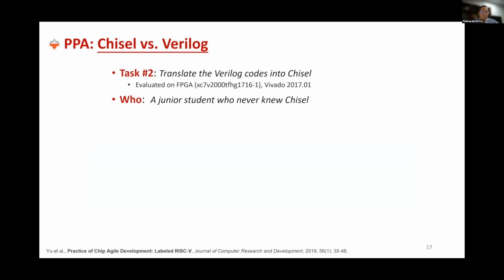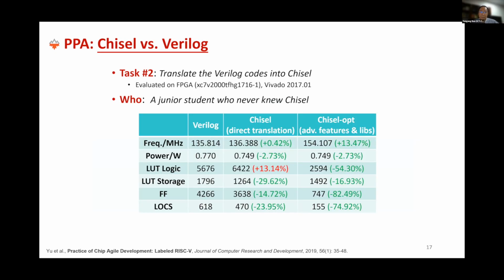Next, we assigned a second task to a junior student who never knew Chisel. The task is to translate the Verilog code written by the 5-year engineer into Chisel, and then evaluate the translated code on the FPGA. So here is the result.